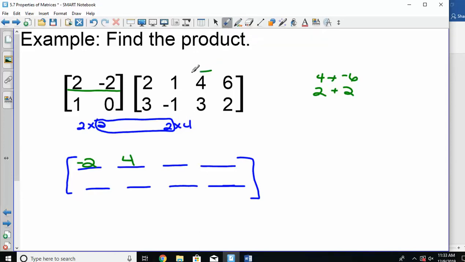Row 1, column 3, 2 times 4 is 8, -2 times 3 is -6, so we get a 2. Row 1, column 4, 2 times 6 is 12, -2 times 2 is -4, so we get 8.